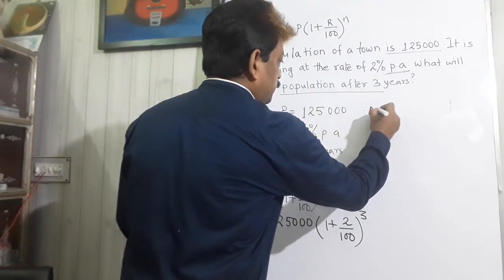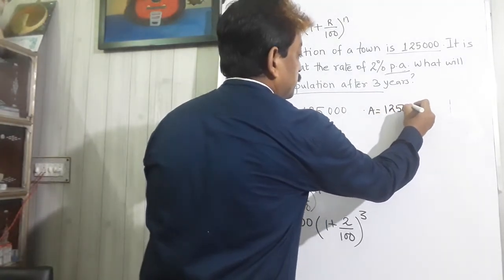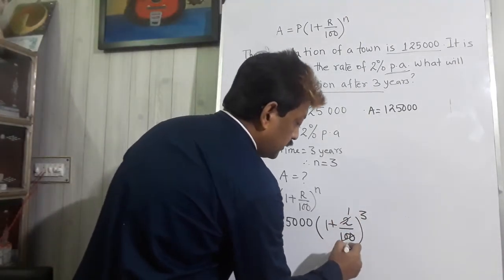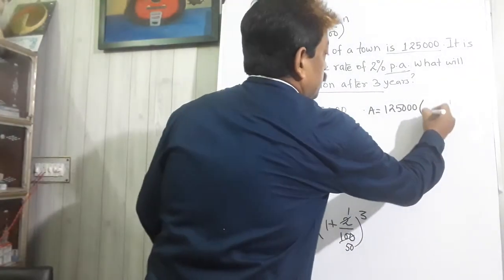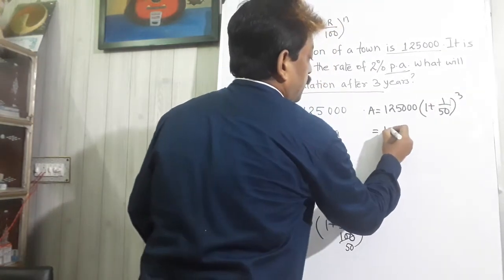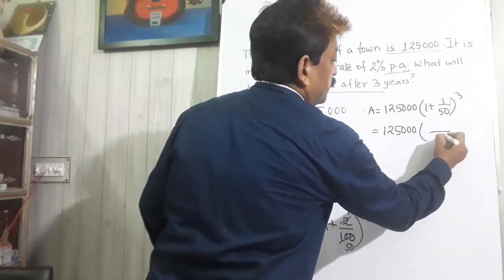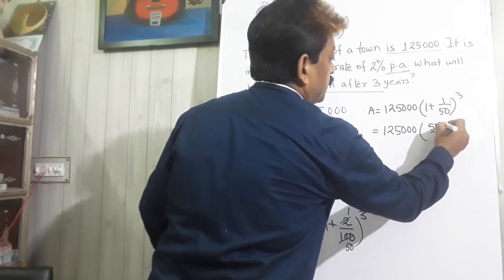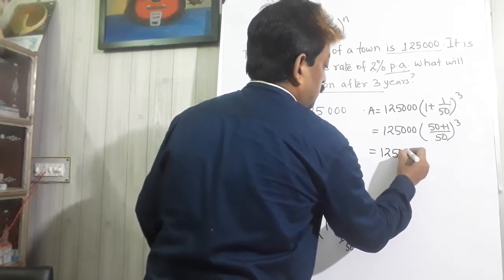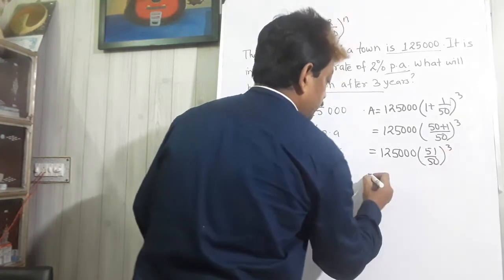So A equals, keep this as it is, 1,25,000, and let me cancel this, 1 and then 50. So it is 1 plus 1 upon 50 to the power 3. After LCM, 51 upon 50 to the power 3.